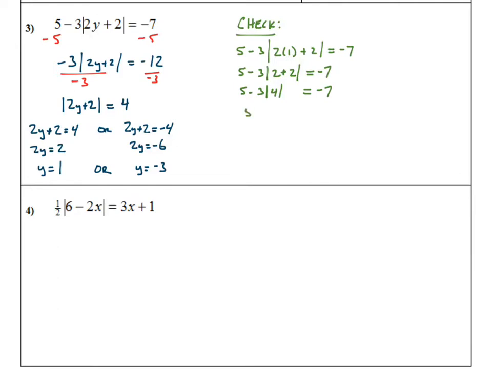And then finally, because the absolute value of 4 is simply 4, it'll be 3 times 4, and therefore 12. And I can see that that is in fact true. Negative 7 is equal to negative 7. So I have one possible solution, which is this one. This one works. Now I want to check my other one.